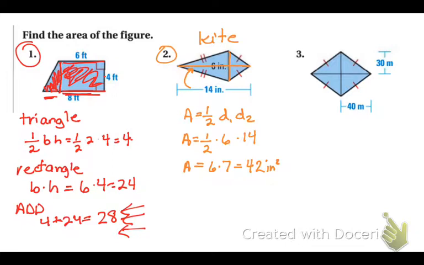Now, let's do the last one. So, what is this thing? Number 3. It's a parallelogram, possibly, and it has 4 equal sides. Remember, a parallelogram does not have to have 4 equal sides, but this does, because that's what the red lines tell us.